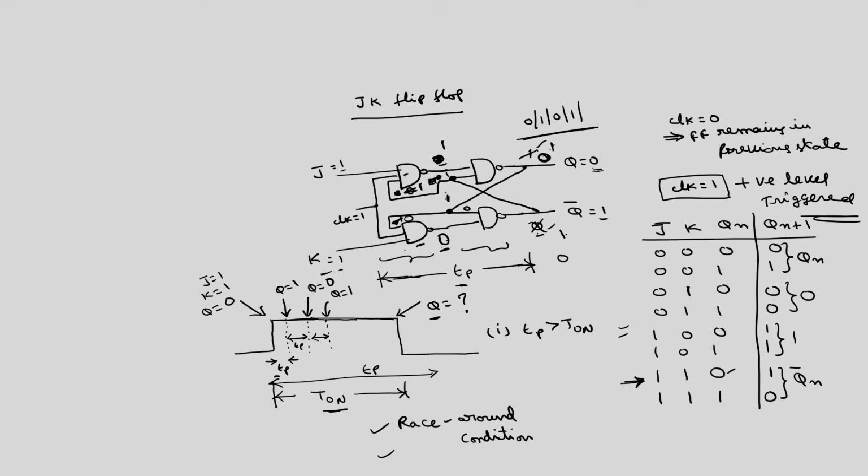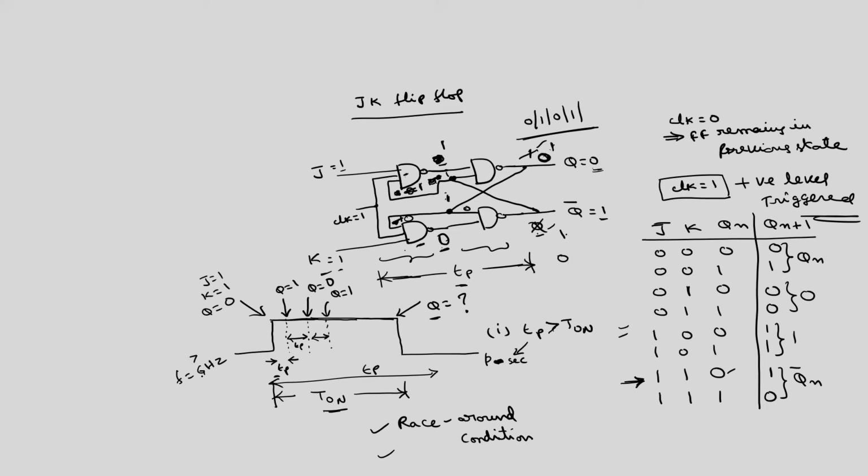The problem will be solved, but this is only a theoretical solution, because Tp is of the order of picoseconds, even less than that. If we want to design Tp greater than T on, the clock frequency should be in the order of gigahertz or terahertz, several gigahertz.